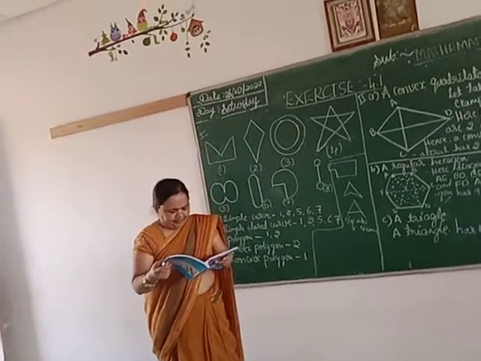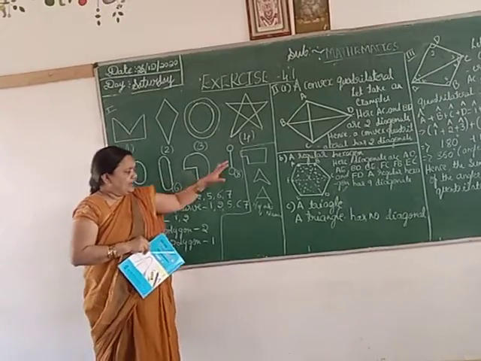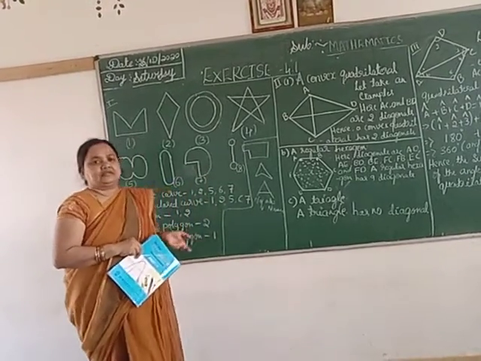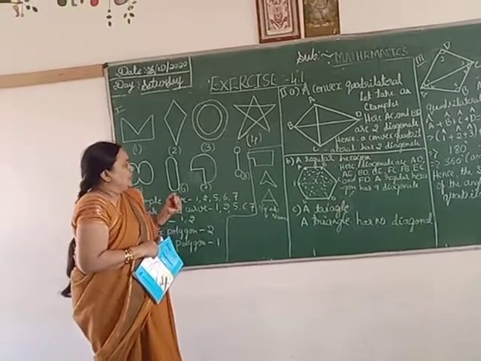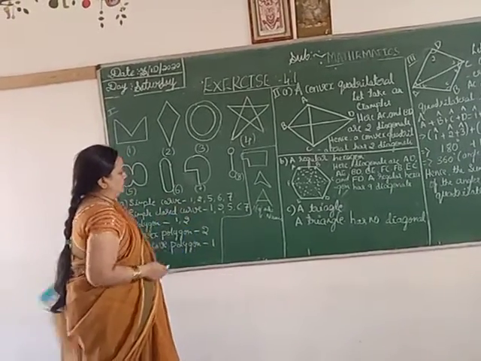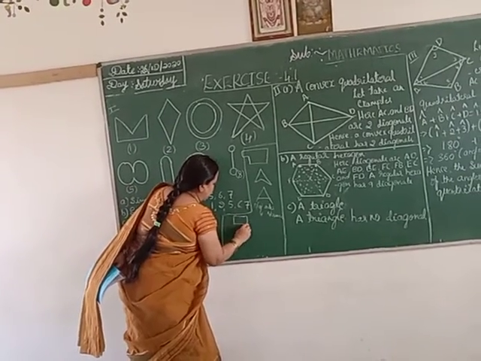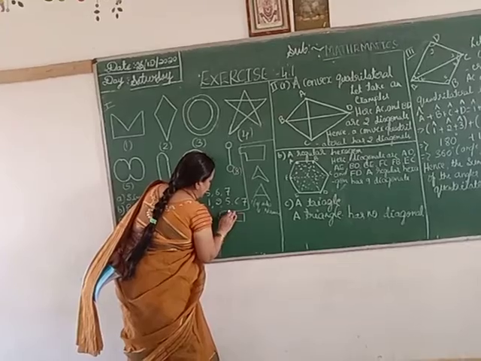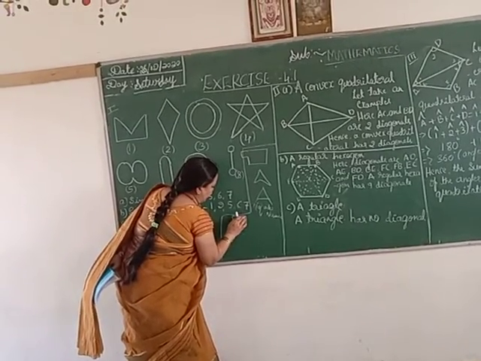And 10 is a decagon. Like this, you have names. In your previous class also, you have learnt all that. So if I take a quadrilateral, any shape which has 4 sides is a quadrilateral, you know very well.